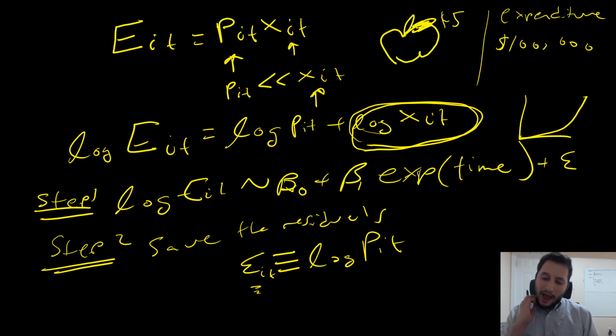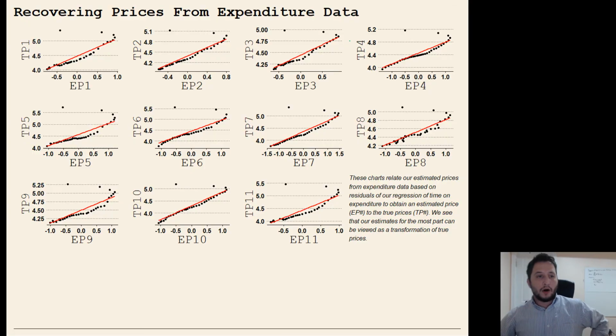So how well does this argument hold up? So I'm going to actually show you some data from what I've done, and we're going to see. So these are my empirics from the data set in the Almost Ideal Demand System package from R. So what I have here, EP at the bottom, that's our estimated prices, and TP here, those are our true prices.